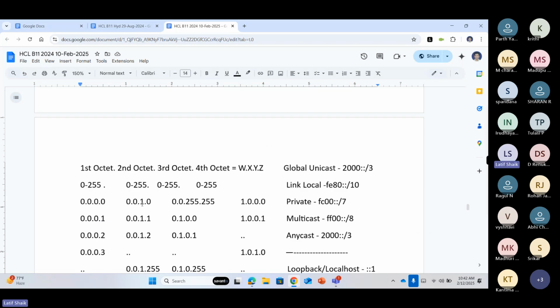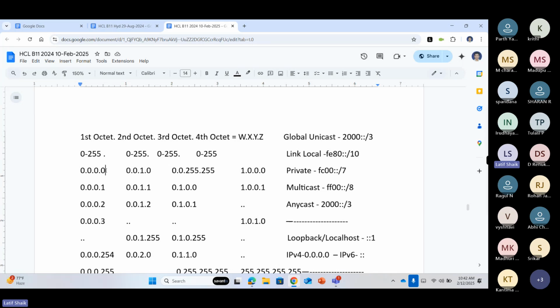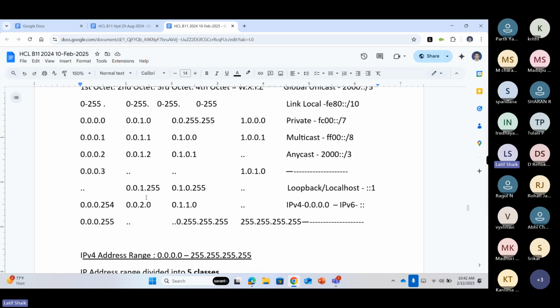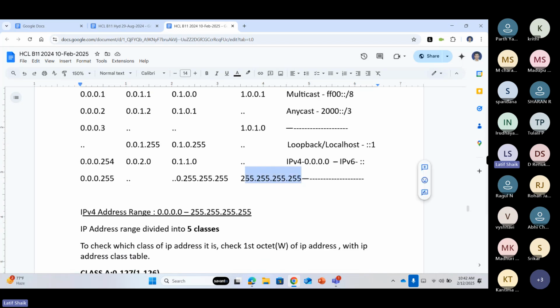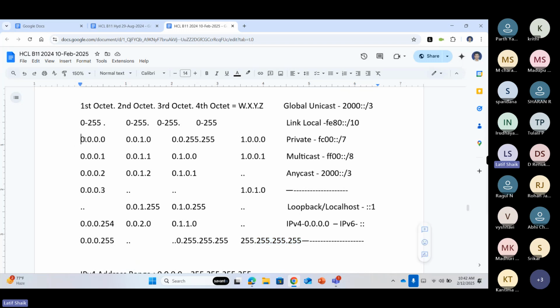The very first IPv4 address is 0.0.0.0, the next one is 0.0.0.1, and the last one is 255.255.255.255. So this is the total range of IP addresses.